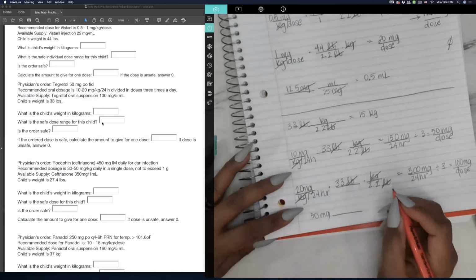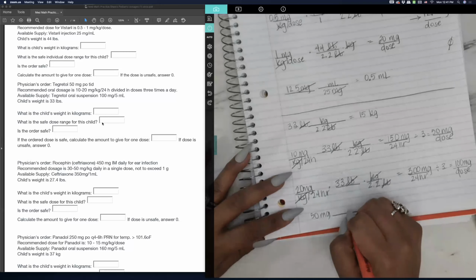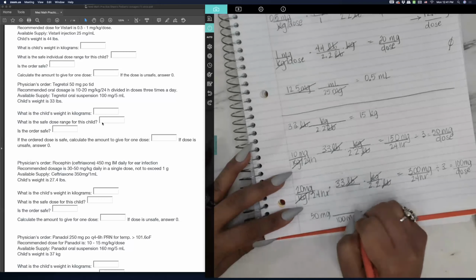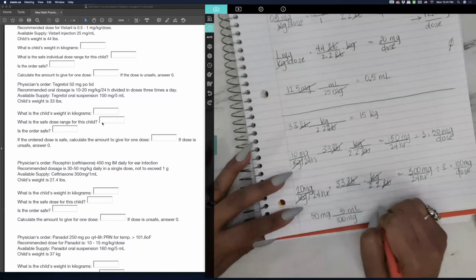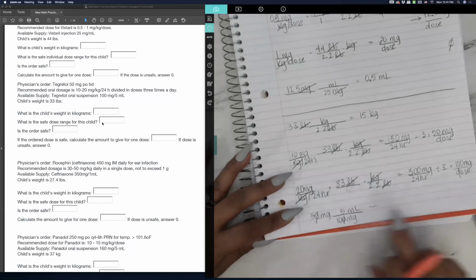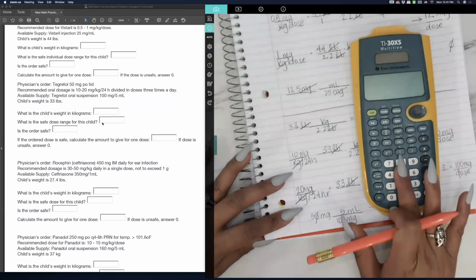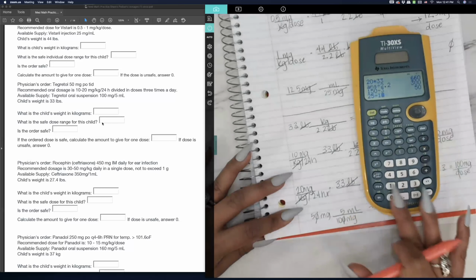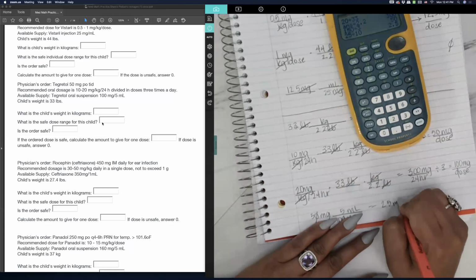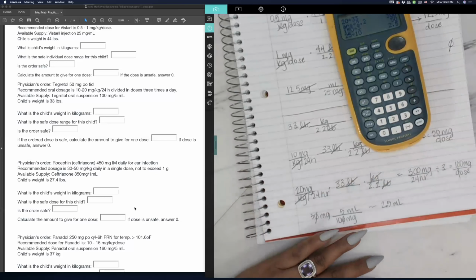We have available a dosage strength of 100 milligrams per 5 milliliters. So cancel a trailing 0. 5 times 5 is 25 divided by 10. And that's going to give you 2.5 milliliters. Okay?